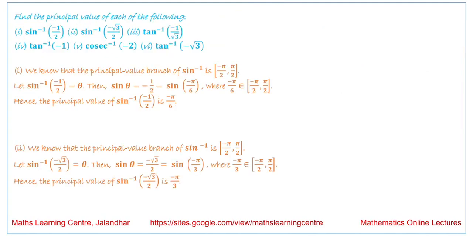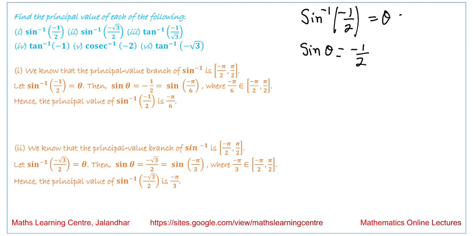Next, we have to calculate the principal values in each of these cases. The first function we have is sine inverse of minus 1 by 2, and suppose this value is equal to theta. So sine of theta should be equal to minus 1 by 2.